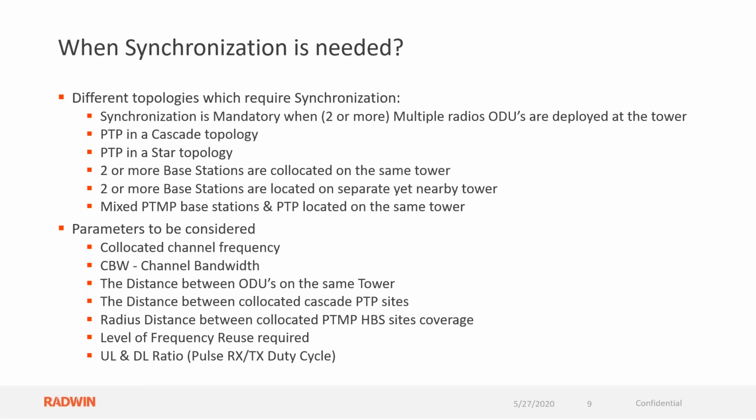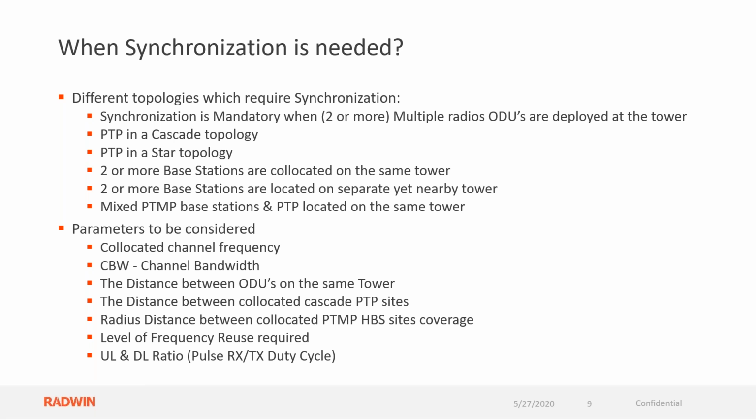The parameters that need to be considered when we think about synchronization are the allocated channel frequency, meaning which spectrum is available, and of course the channel bandwidth. We can work with 10, 20, 40, 80 megahertz channel bandwidth. And of course, the bigger the channel bandwidth, the more you are exposed to interference.